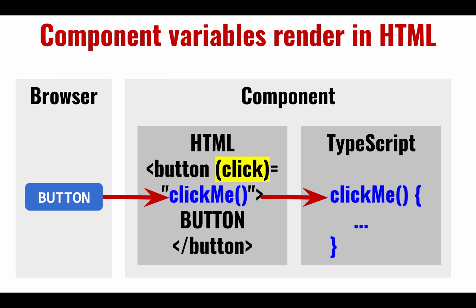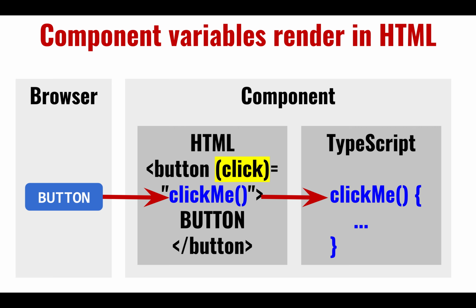Now here the syntax is slightly different from React. In React, typically if it's a function, we just say the name of the function, and that's it, right? And if we need to pass data to that function, we have to wrap it inside of a lambda. No such thing here in Angular.